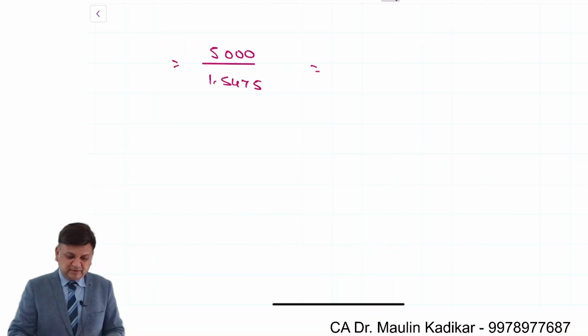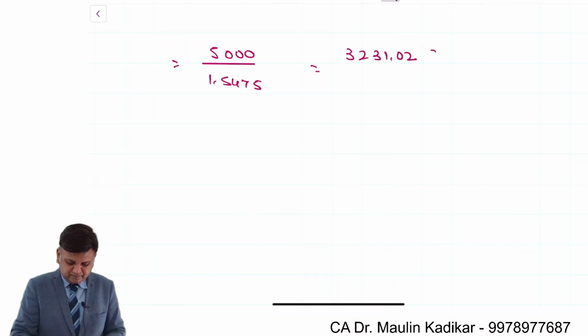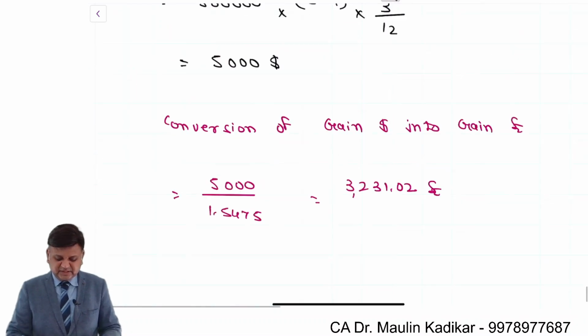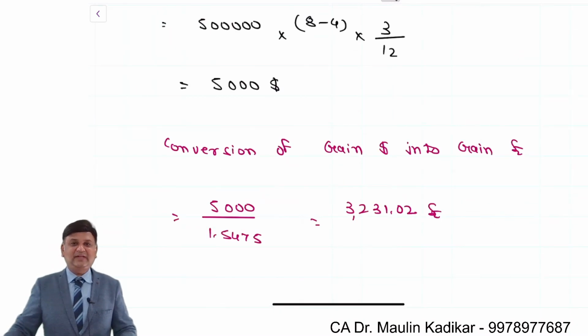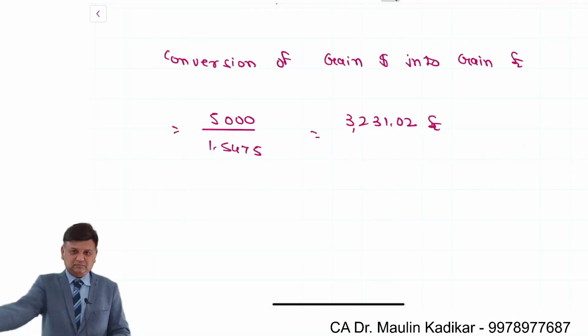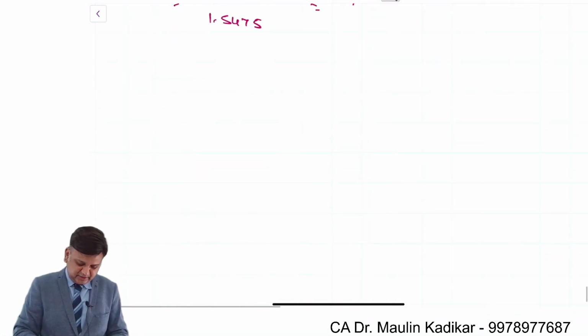So 3231.02. This is the amount of the pound that you will have as the net gain. Chalo, option number 3.